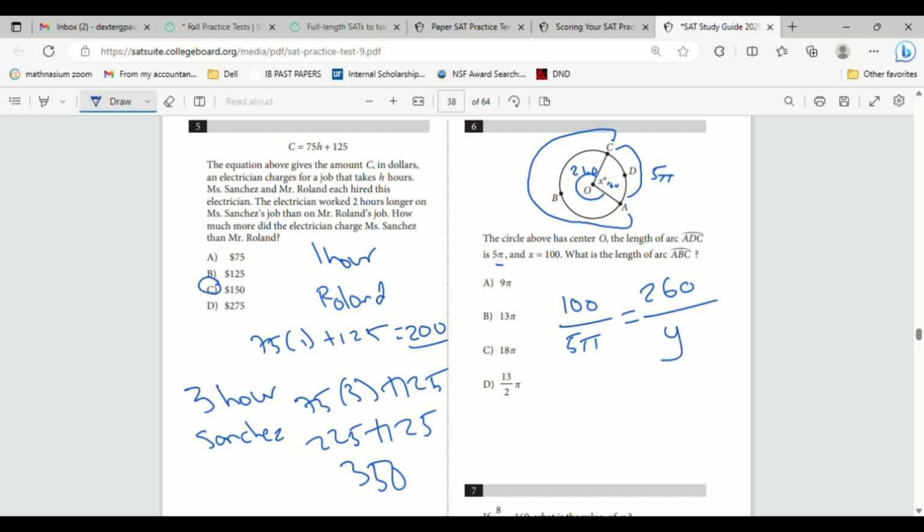Now we can cross multiply, so we get 100y equals 260 times 5, that is 1,300 pi. Dividing by 100 on both sides to isolate y, we get y equals 1,300 pi divided by 100. You can cross out these zeros, leaving you with 13 pi.